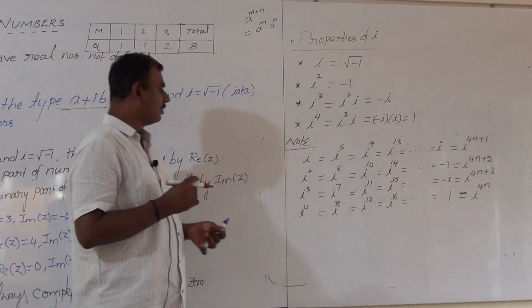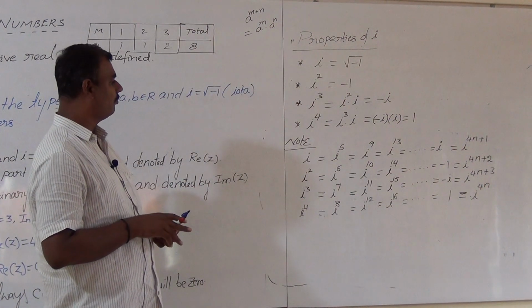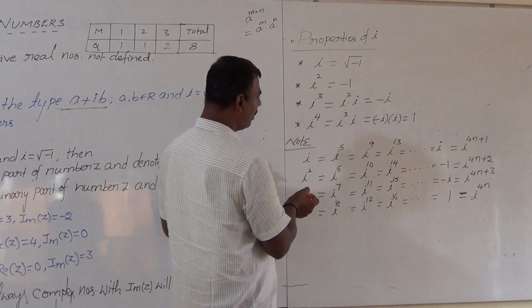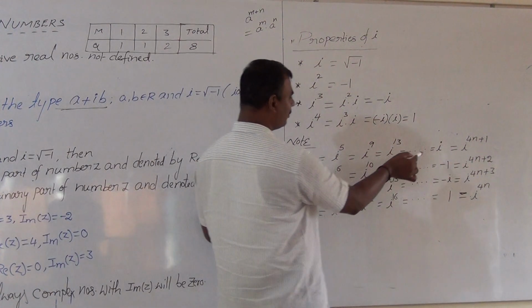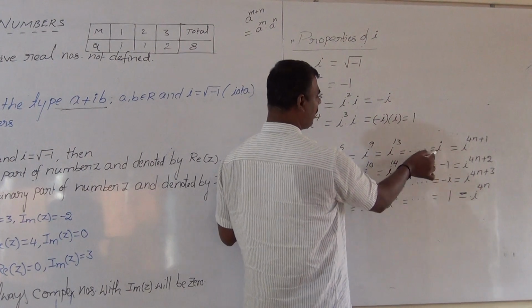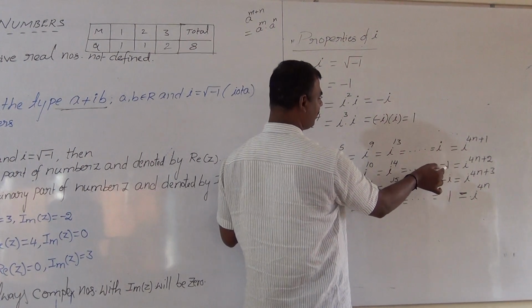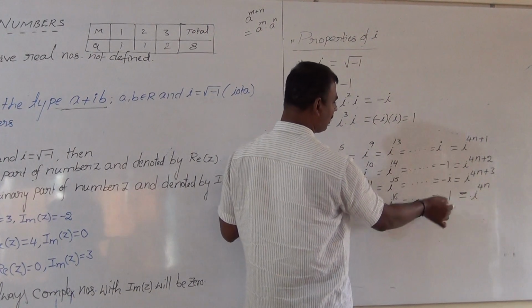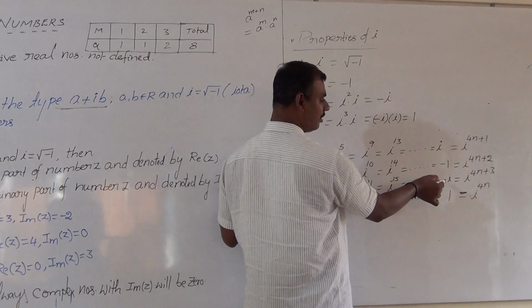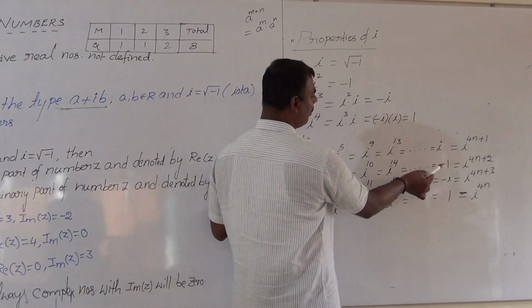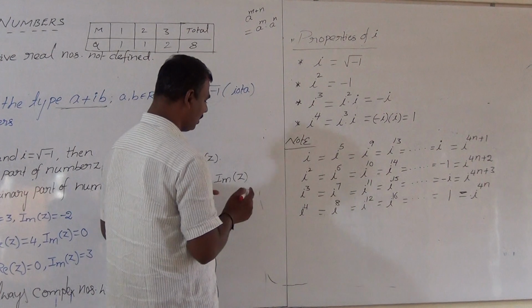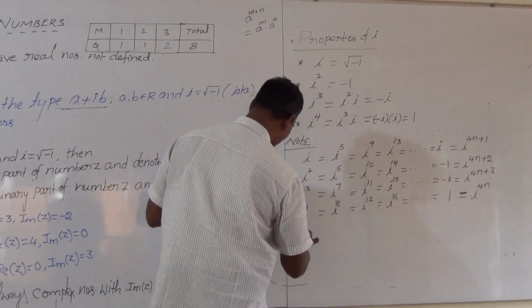So according to all these things, what do we observe? We observe the sum of these numbers: iota, -1, minus iota, plus 1. Adding all the numbers, what happened? Plus iota, minus iota cancelled. -1, plus 1 cancelled. What is remaining? 0. So here is an important note.